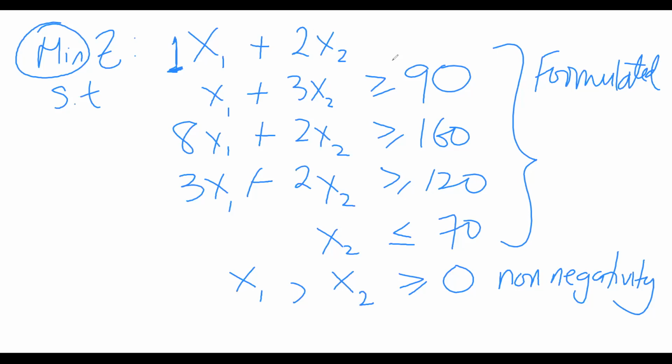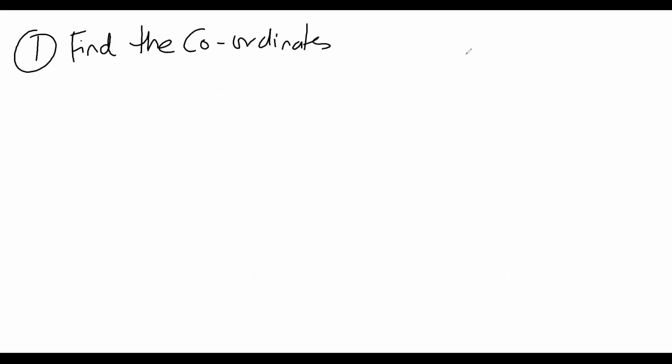Good. So now we must solve this. So you do it in a step process. So the first step is to find the coordinates to enable you to graph the inequations.